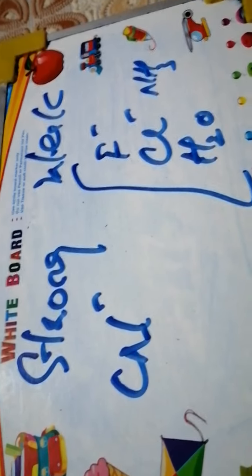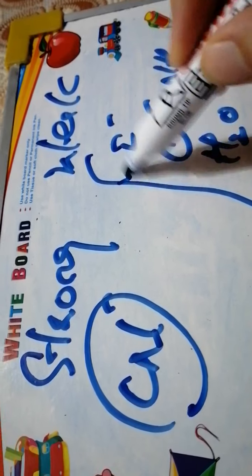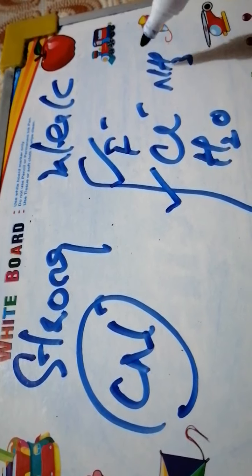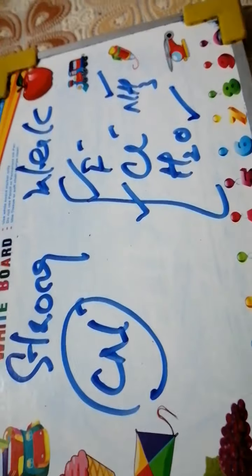Fluoride is negative, chloride is a negative ligand, ammonia is a neutral ligand without any charge, and the same is true with water, it is also a neutral ligand.